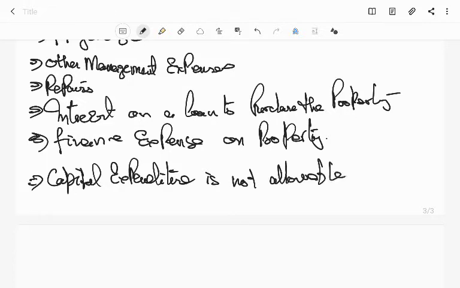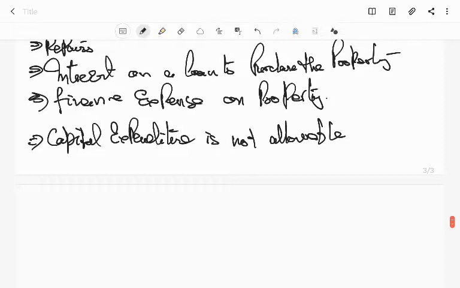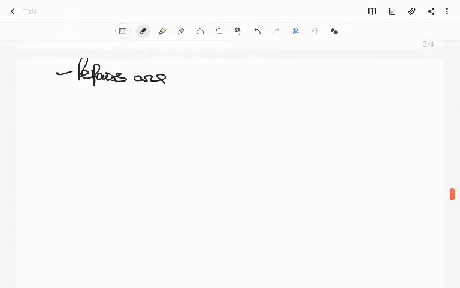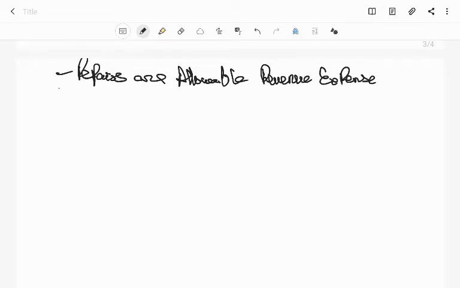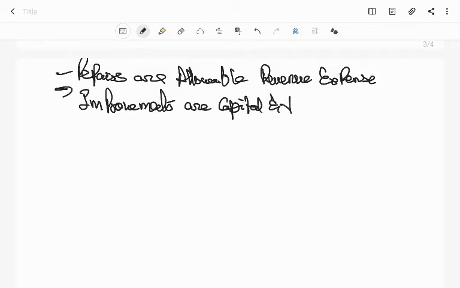That is, repairs are allowable revenue expense, while improvements are capital, and therefore not allowed.